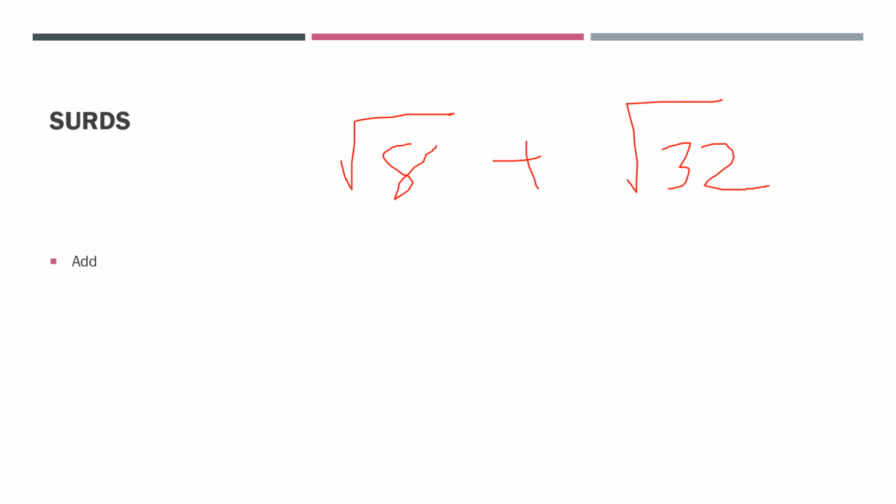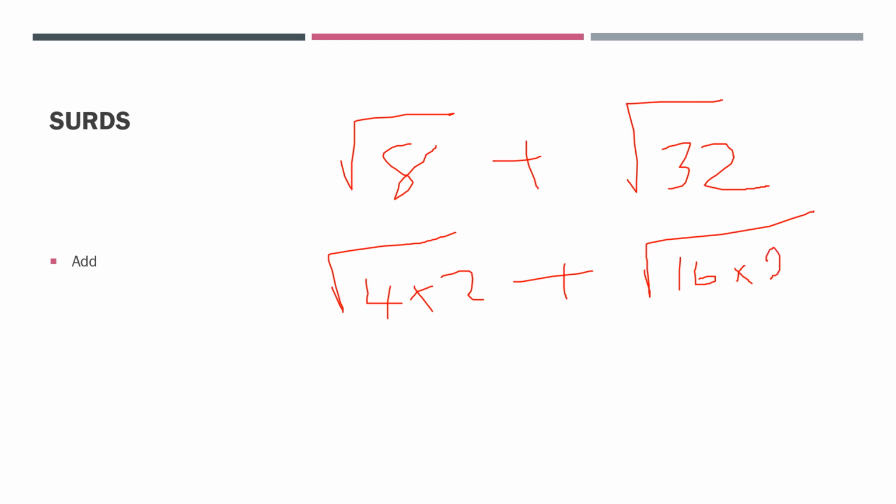If we are given something like this, the first thing we'll have to do is break what is inside the square root, so that we can be left with the same square roots. Here in this case we can write 8 as 4 multiplied by 2, and 32 we can write as 16 multiplied by 2.